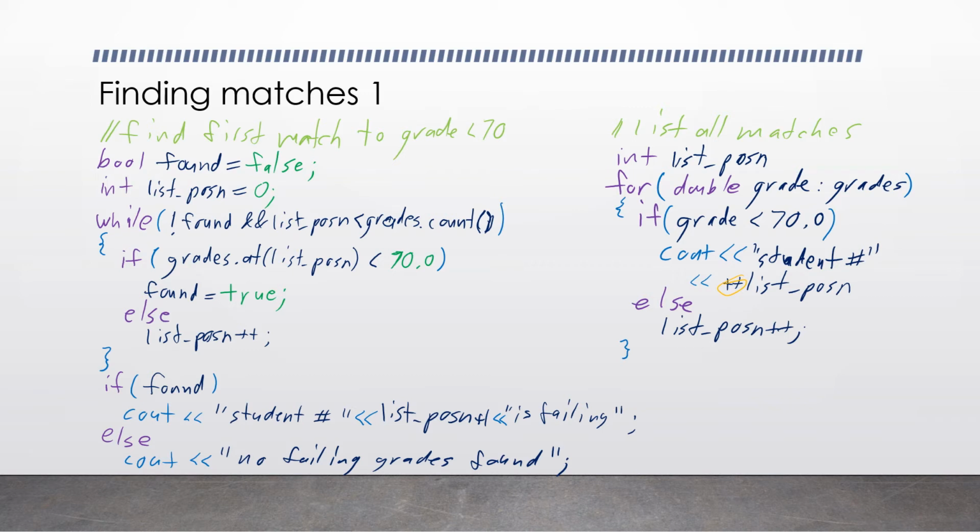And we'll have listed out every student who matched the is failing. Okay, and then we'd want an endl operator there to make sure each student gets reported on a different line. Okay.